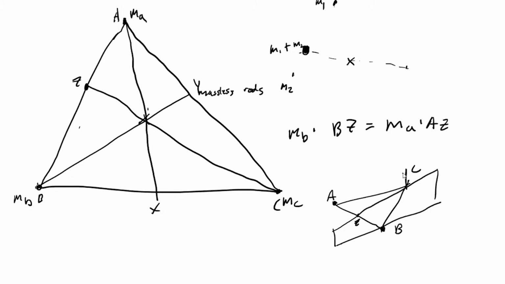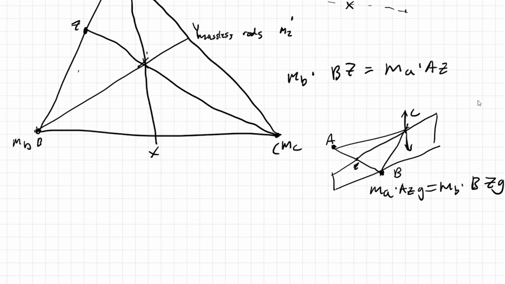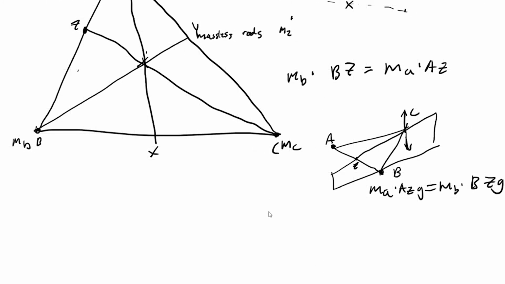There's going to be no force here because a normal force is going to cancel out the gravitational force, and that means purely MA times AZ is equal to MB times BZ is the only condition we need. And both of these have found the same thing: MB over MA is equal to AZ over BZ.